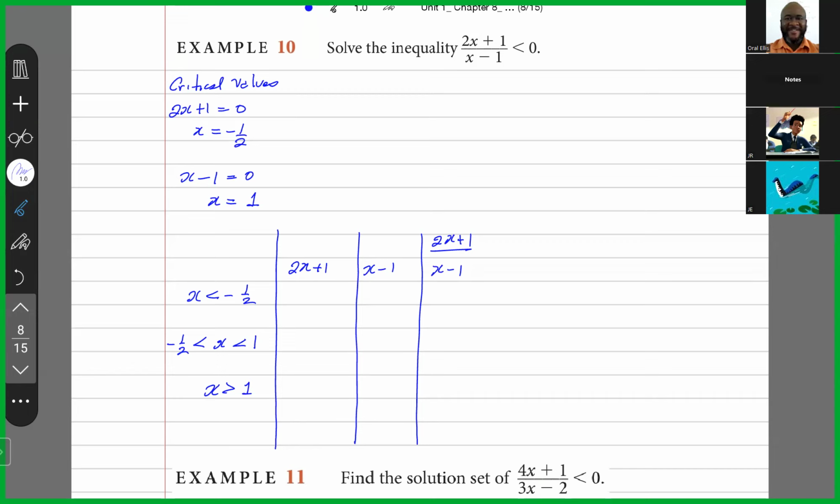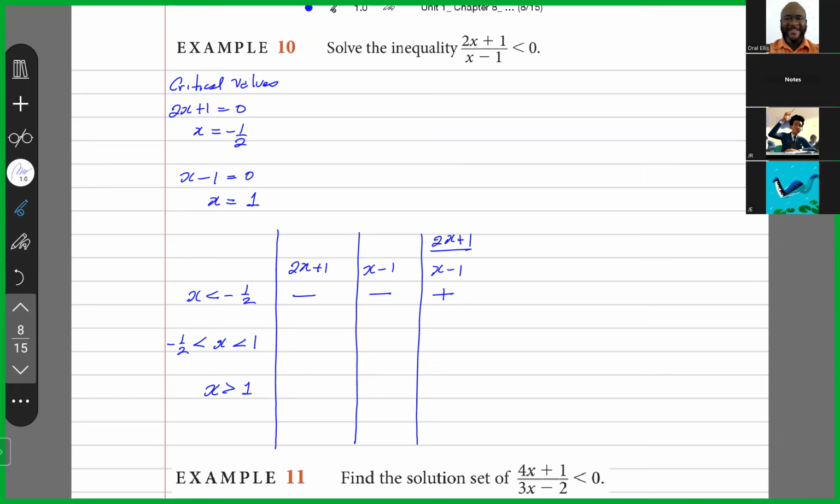Now, if x is less than minus a half, for example, if x is minus 1, 2x + 1 would come out negative. If x is minus 1, x - 1 would also come out negative. A negative divided by a negative is a positive.